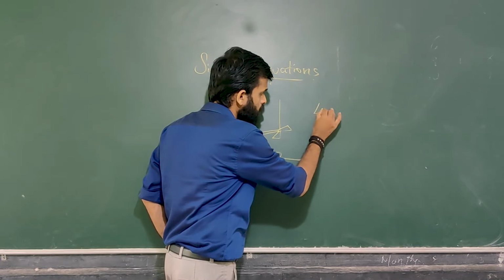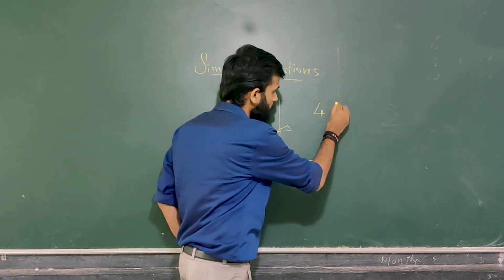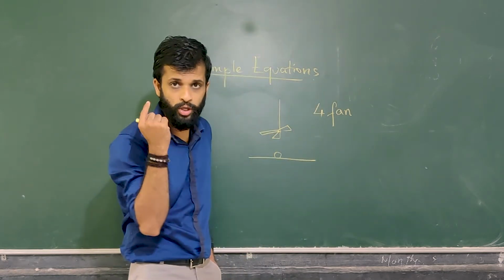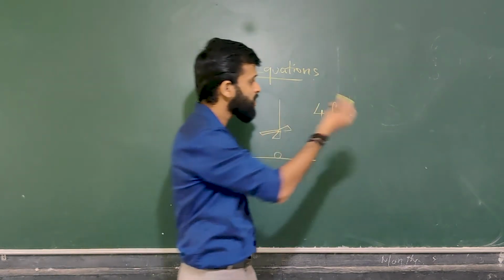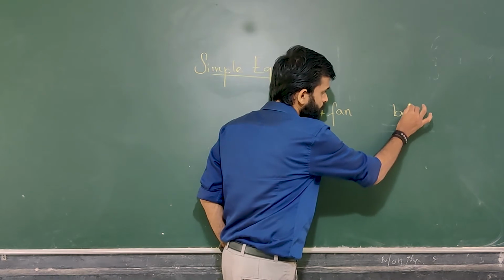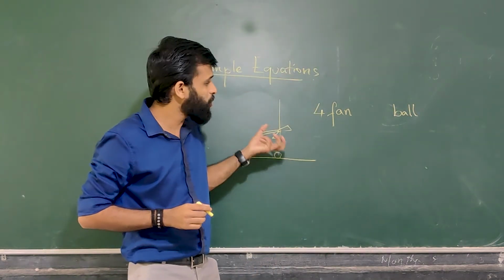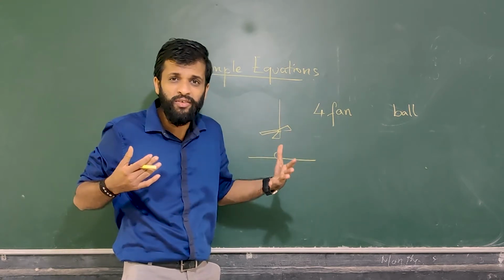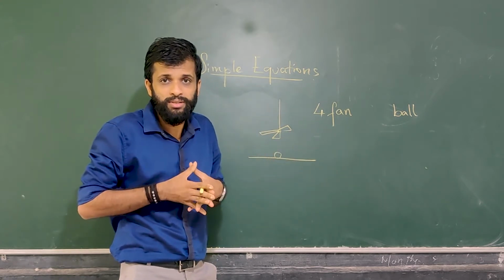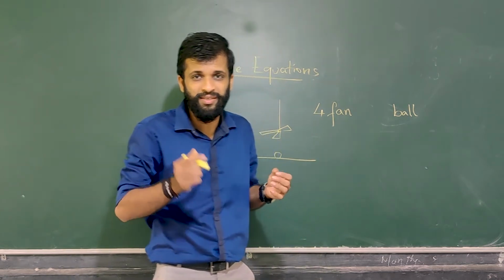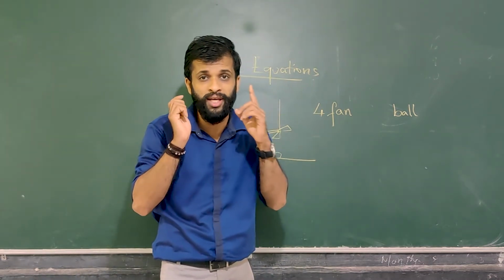4 times the fan rotation, what happens? The ball falls down. Now, I don't want to write the entire word, because most students don't like to write too many sentences.